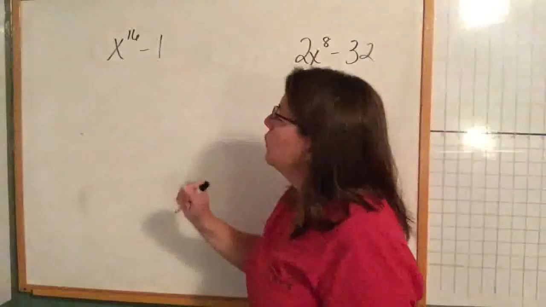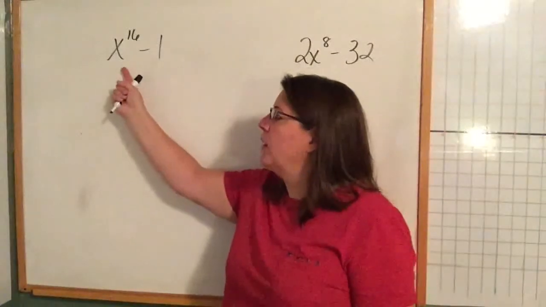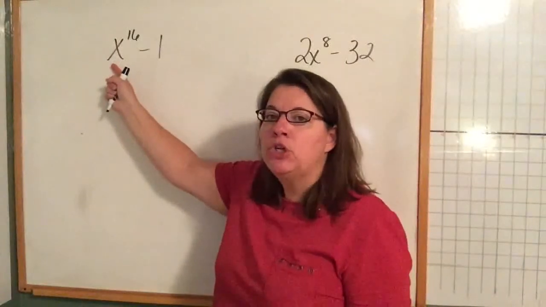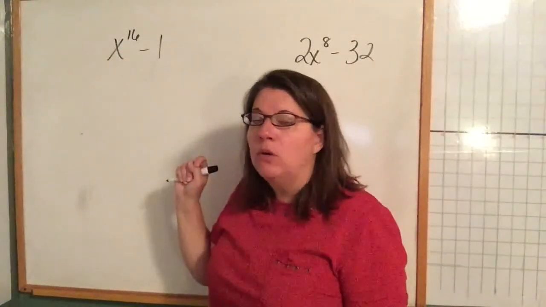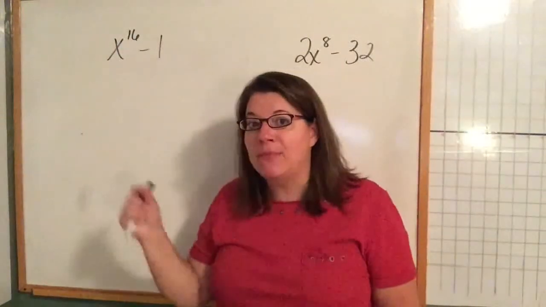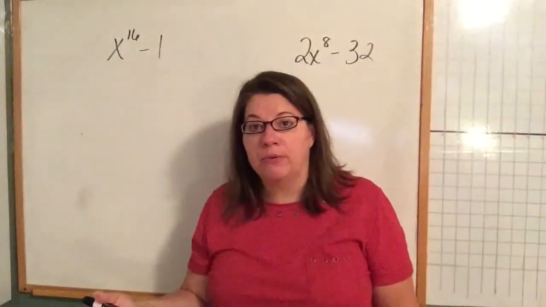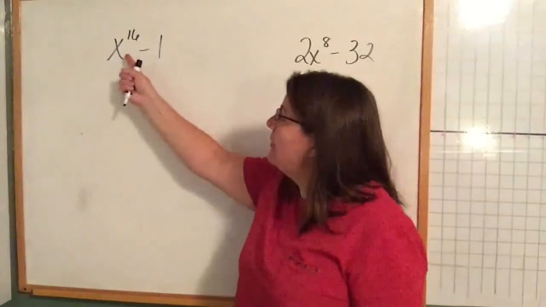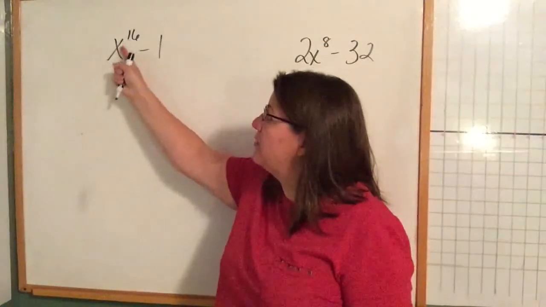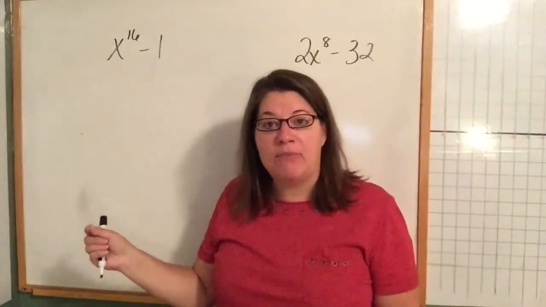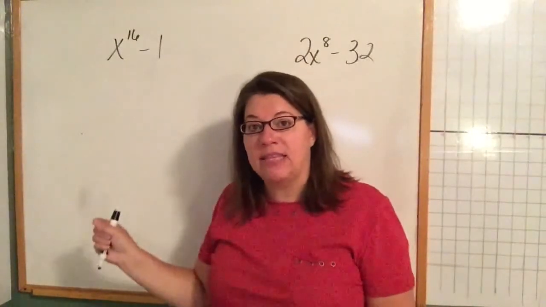But in order for you to know that this is difference of squares, what you have to understand is anytime you have a variable to an even power, that even power, when divided by the root of 2, gives you another whole number, okay? So if I take the square root of x to the 16th, wouldn't x to the 16th be the same thing as x to the 8th times x to the 8th?